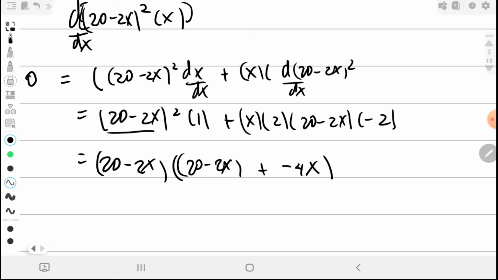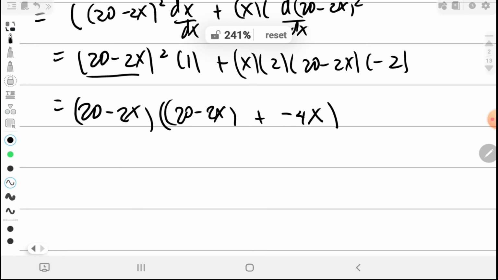Ayan. So, from here, 20 minus 2x multiplied by 20 less 2x plus negative 4x. So, dito, pwede mong i-factor, makukuha rin natin yung value ng x dito actually. Since sa factor out natin to, this x is equal to 10, diba? So, 20 divided by 2.